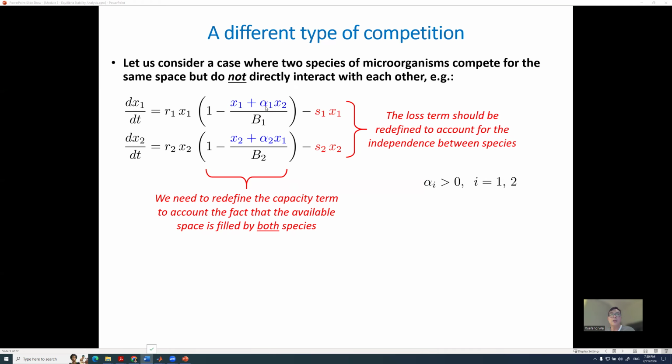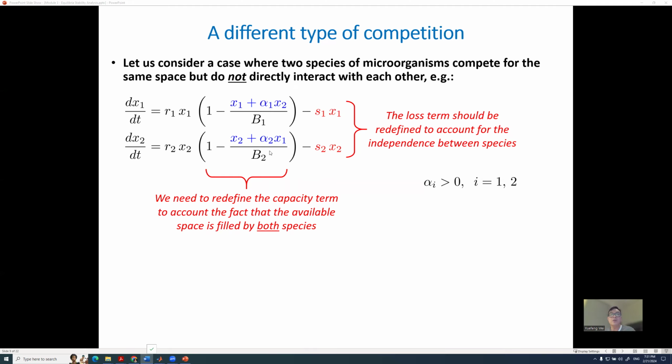The fact that we are using a coefficient alpha 1, which might be different from 1, accounts for the different nature of bacteria, like different geometrical nature, for example, the size of the bacteria. I'm going to give you an example to explain the notion of this coefficient alpha 1 here.